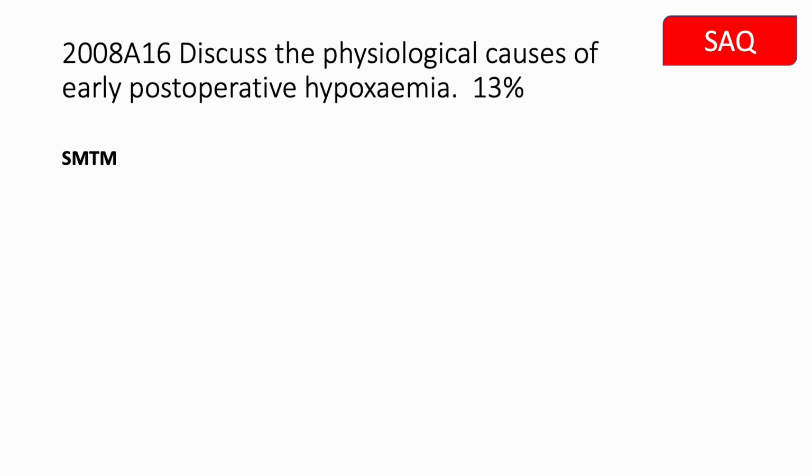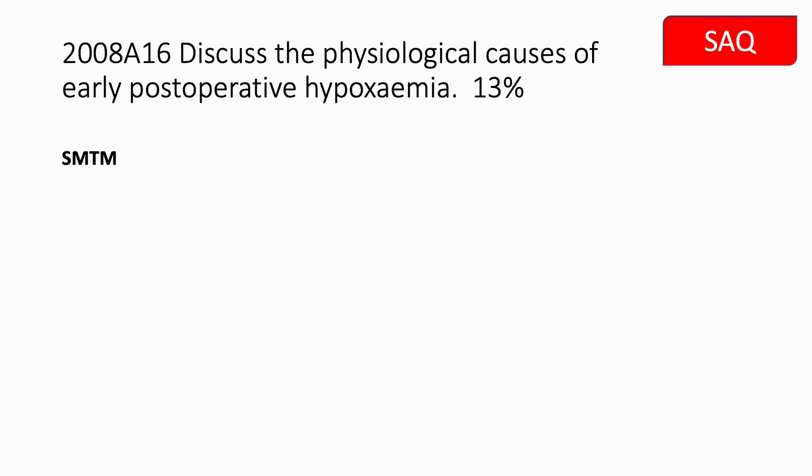In this case, the rules of the game are simple. You have 10 minutes to write your answer, and your opponent is the examiner. So what do we think are the motivations and objectives of the examiner in setting this question? Well, I can imagine that the examiner started off with the idea that they want to write a question that tests whether candidates understand what hypoxemia is.